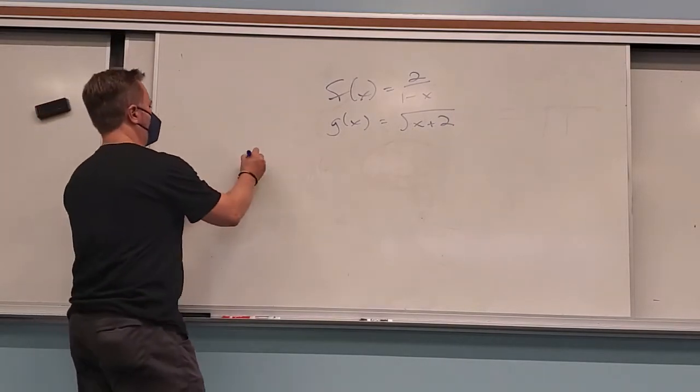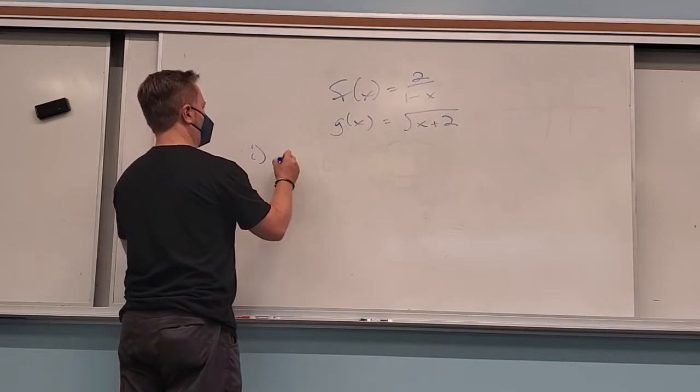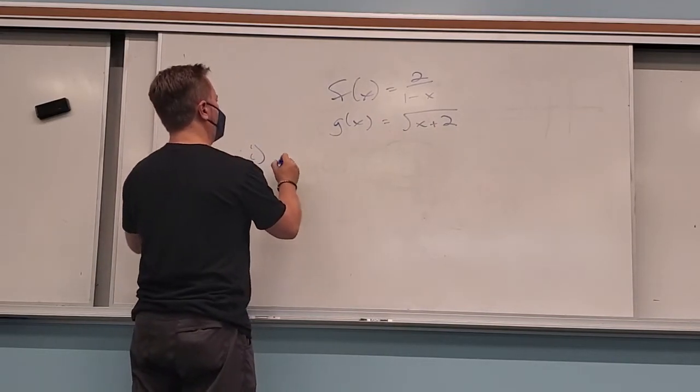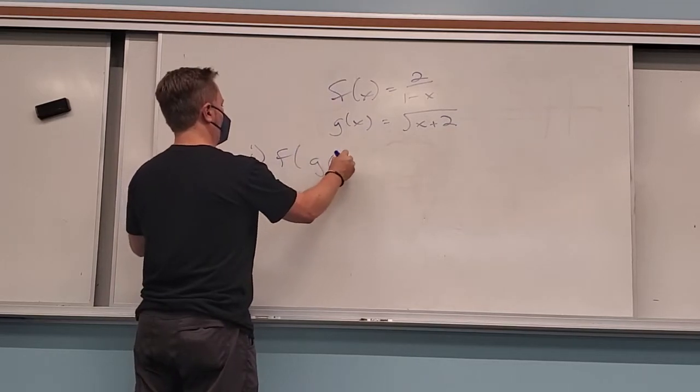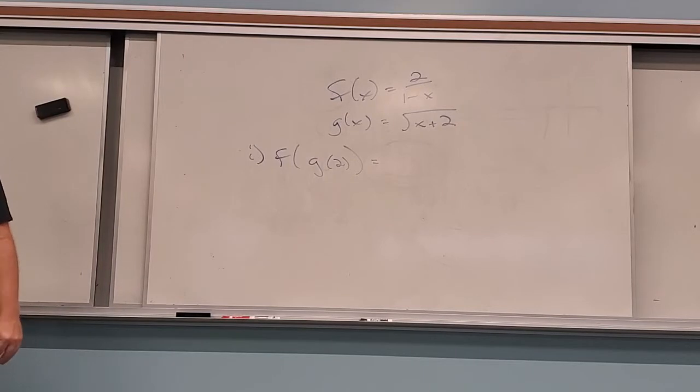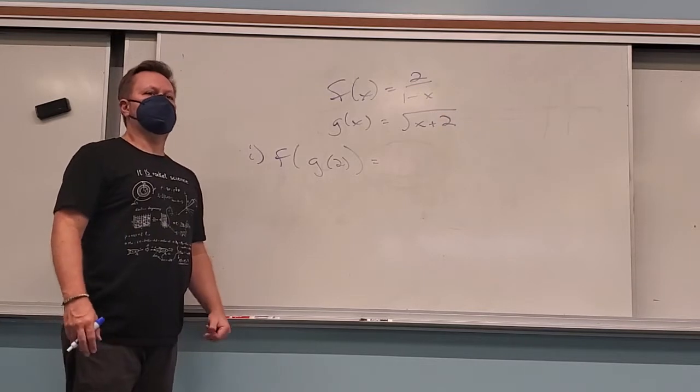Who could tell me what this would be? F of g of 2. What does that even mean? First you plug in the 2 for g of x, and then you plug in that entire equation into f.